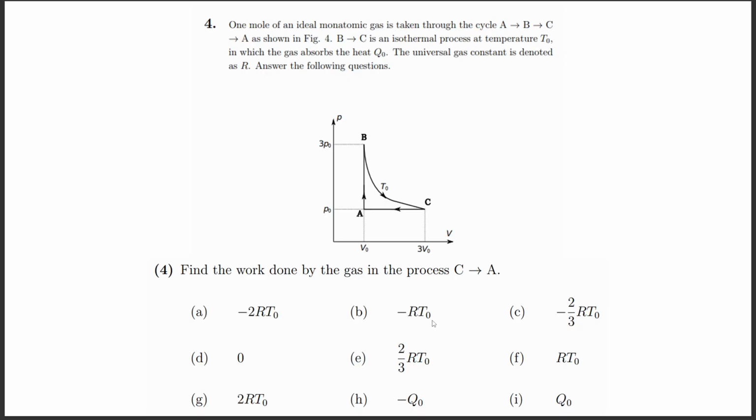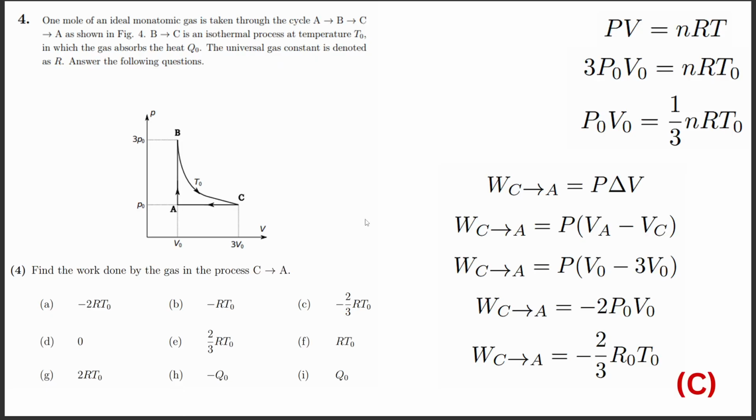Number 4. Find the work done by the gas in the process C to A. Since P is constant, we can write integral PdV as P times the change of the volume, and the change of the volume is V final minus V initial.